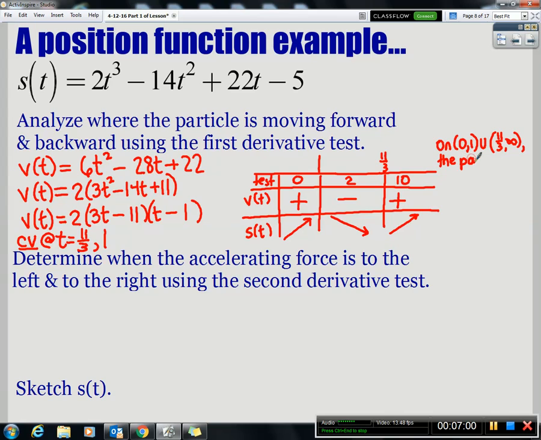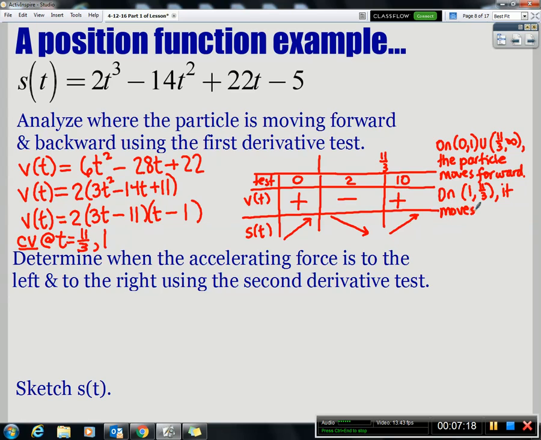So the particle moves forward. On the time interval from 1 to 11/3, it moves backward.